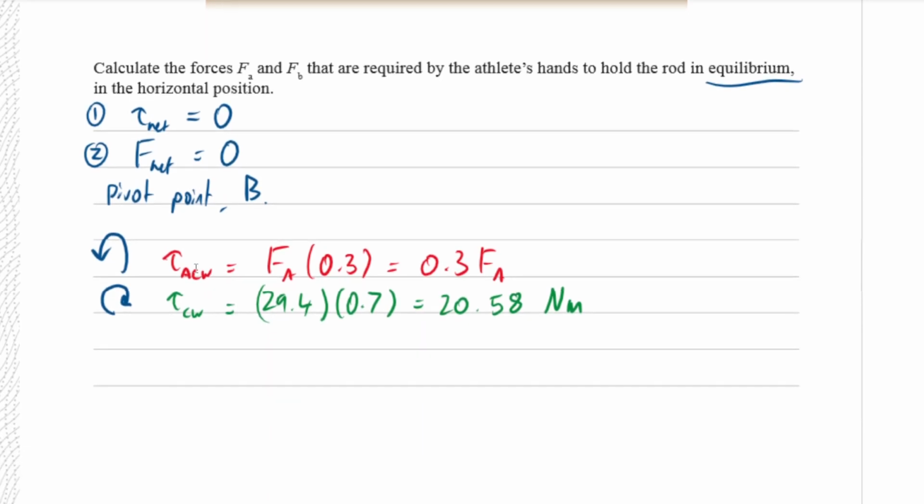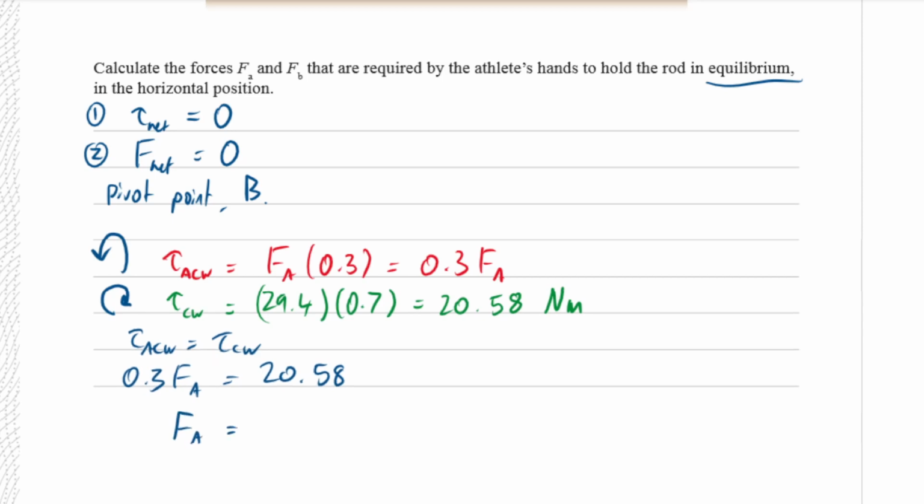And using condition 1, we know that the net torque must equal 0. So I'll just write it out in full. Anti-clockwise torque must equal clockwise torque. So 0.3 FA must equal 20.58 newton meters.